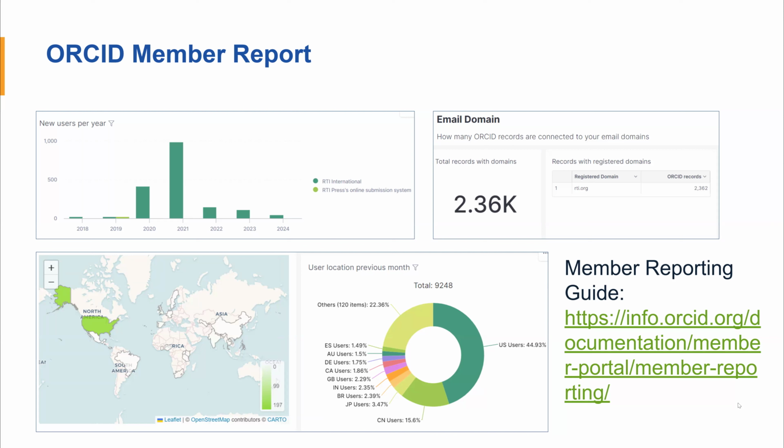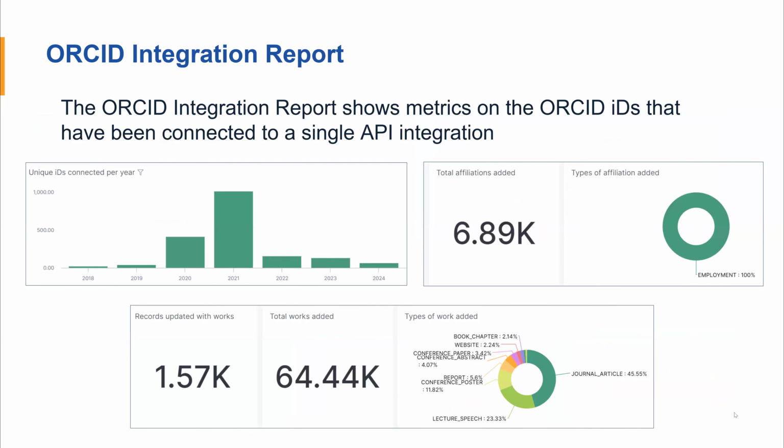And also you can see things like geographic locations where your users are coming from across the globe. There's a whole member reporting guide that can take you through all of these reports, but this gives you a general idea of the kind of stats that you can be tracking for assessment as you move forward. On the next slide, we'll look a little bit more at the integration report.